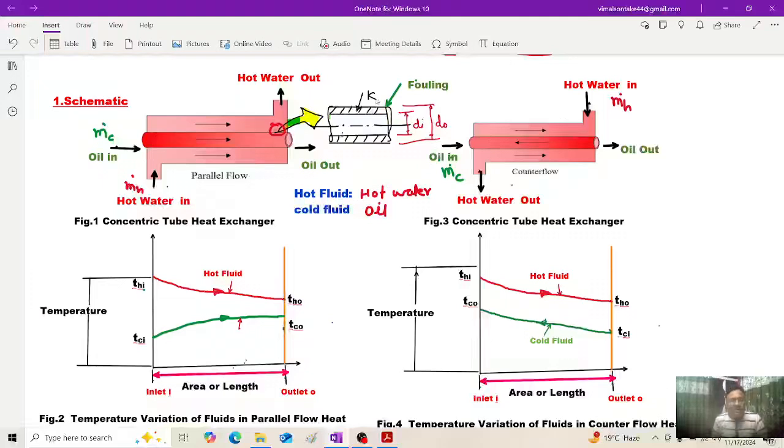Since fouling factors are also given, that means the fouling phenomenon is taking place inside and outside of this inner tube.